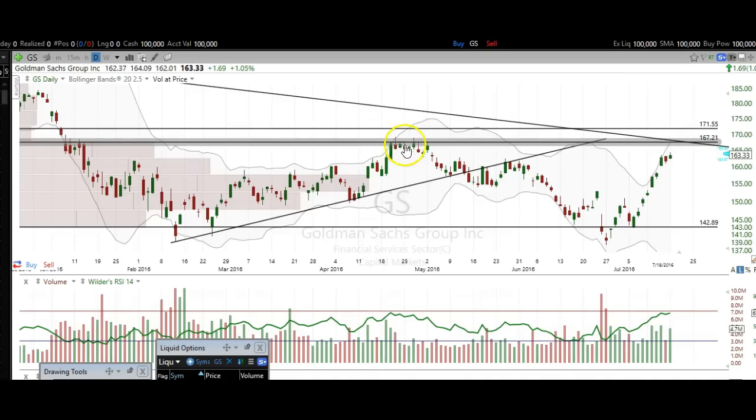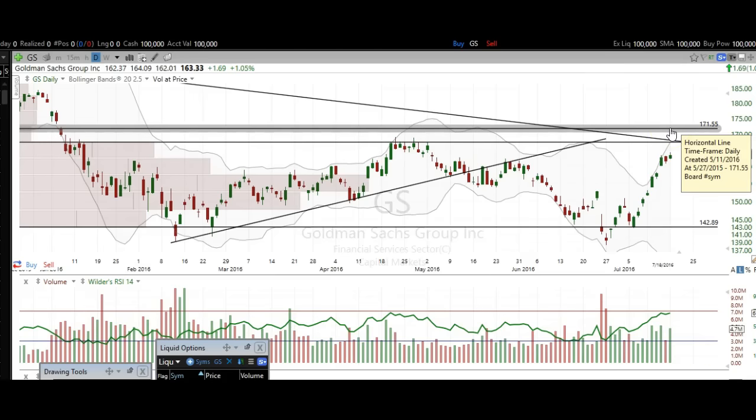From these highs right here, and of course from those lows that you saw before, between this 167 and about 172 or so is going to be that pretty big resistance for Goldman Sachs. So just be aware. I'm not saying it's not going to go higher than that, but I am saying that this is a very key level that we are coming up to. So we'll see how it reacts, and we'll see what it does from there.